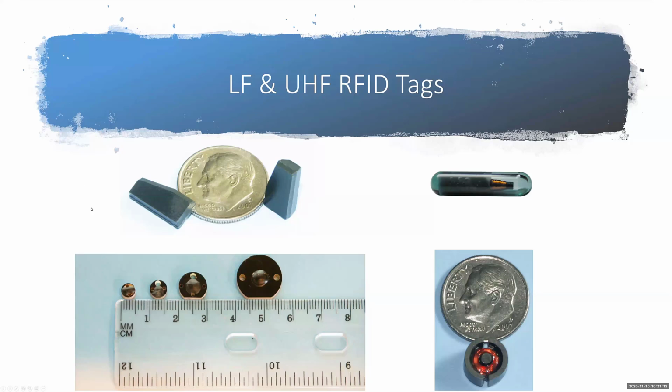So these little tags here kind of indicate the size. These are low frequency tags, and they're manufactured to mount into metal. Each one of them has what's called a ferrite core, and we talked about that earlier. The same thing is true with this glass ampule. Inside, you can see the copper windings as well as the ferrite core inside of the ampule.